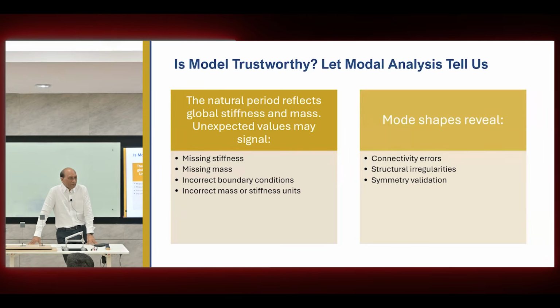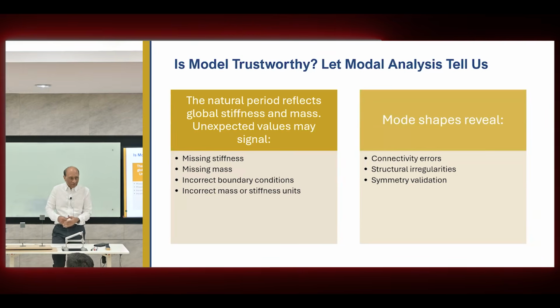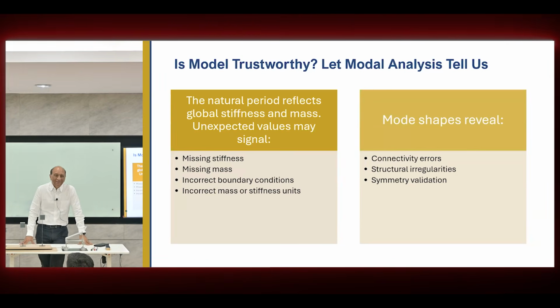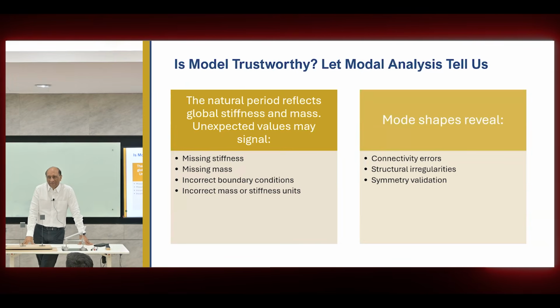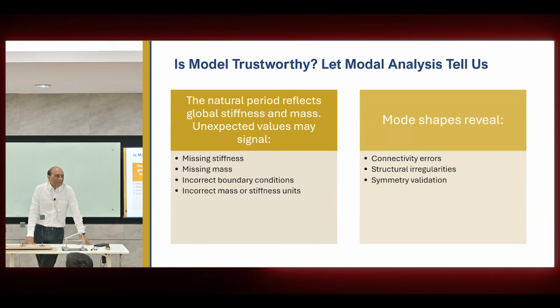But they didn't check the modal response, calculated everything, did the foundation design, and the foundations are so big and they cannot understand why the foundations are so big. Because everything seems fine, bending moments are nice, everything looks good, it's just the mass is wrong by almost 10 or 5.